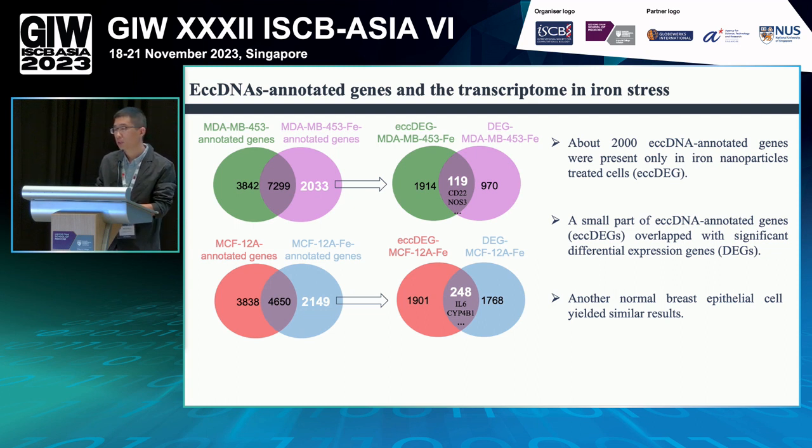Also, we found that another normal breast cell line had similar results. We can see that a large number of eccDNA cannot always come from the DEG regions, and a lot of eccDNA seems unrelated to transcription.